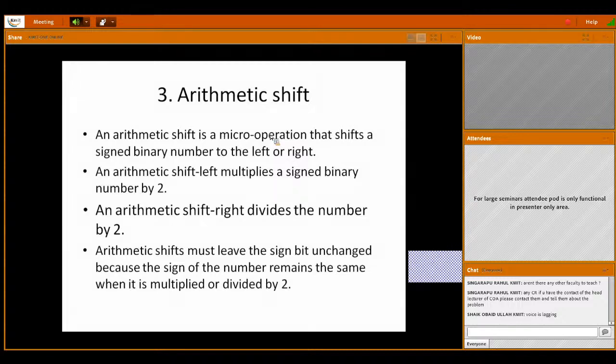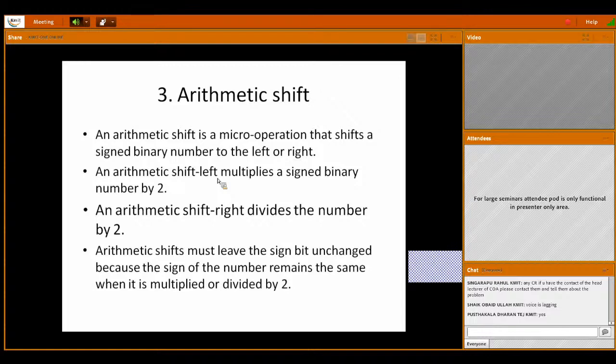Now, what is to be remembered in arithmetic shift right and arithmetic shift left is, whenever you perform an arithmetic shift left, the shifted value you get is a multiple of 2. Let us suppose R1 has some data whose decimal value is 8. Assume that R1 equals 8.